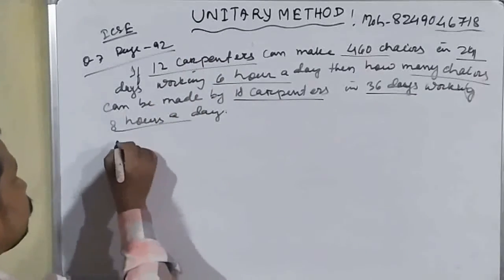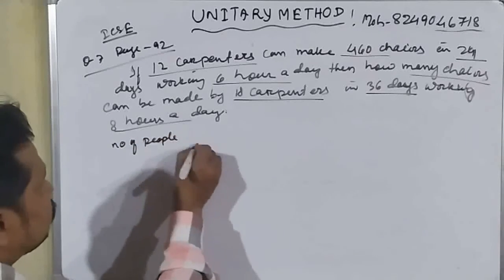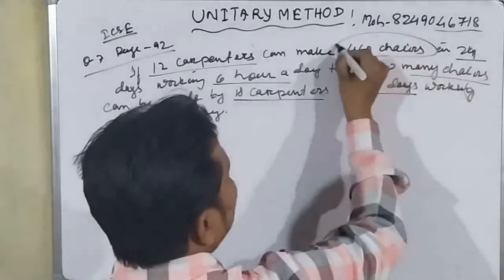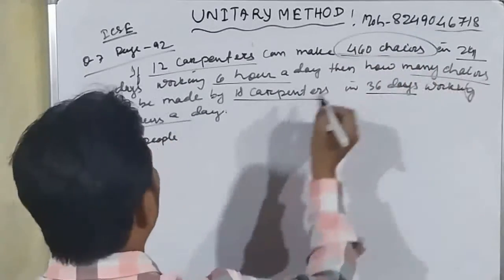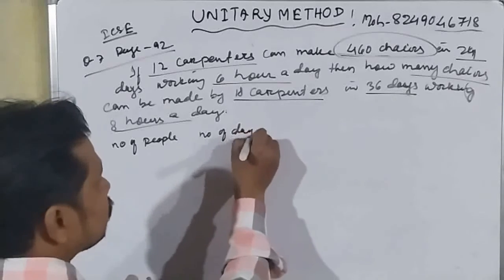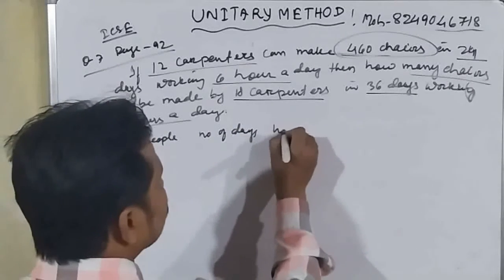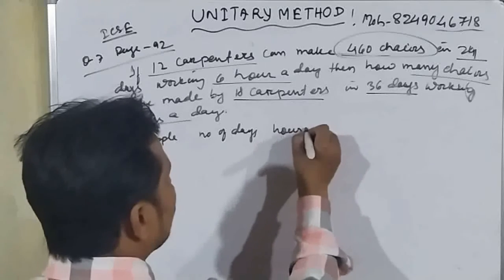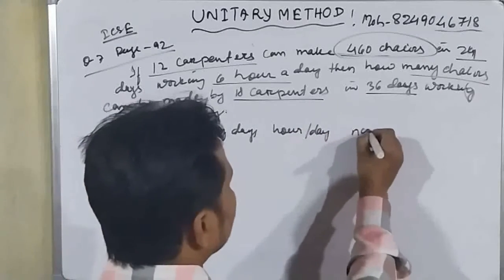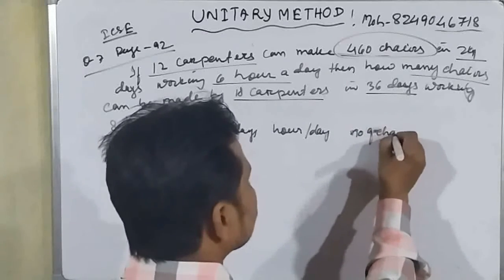So, now number of people, then number of days, then hours per day. Okay, student? And now number of chairs at the last.